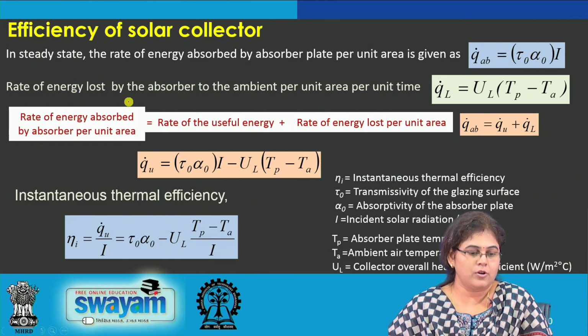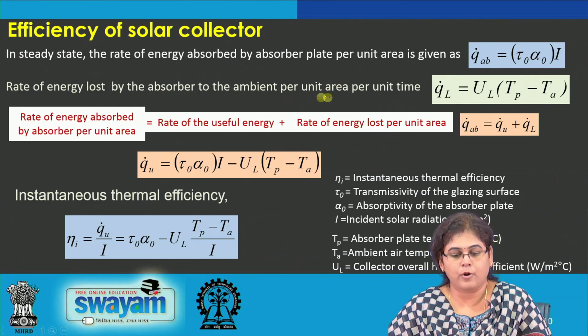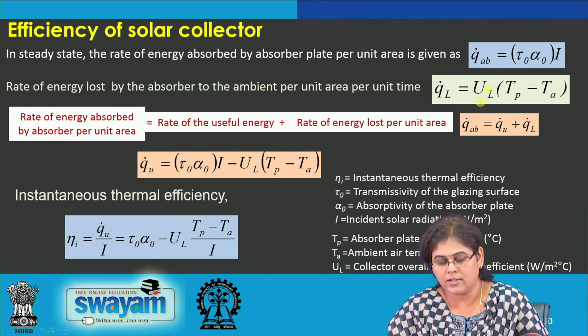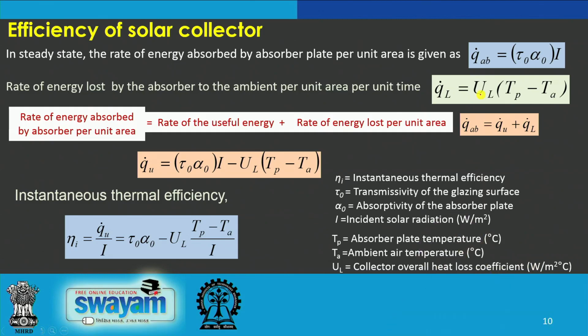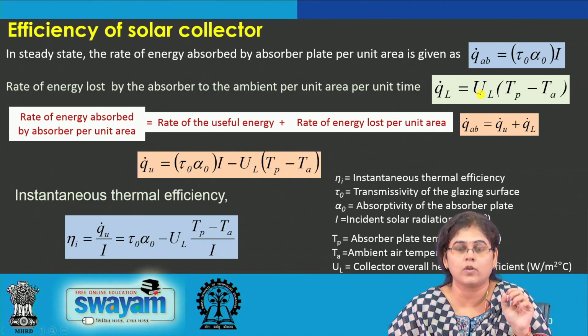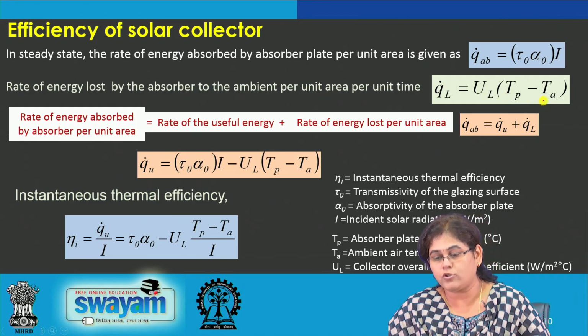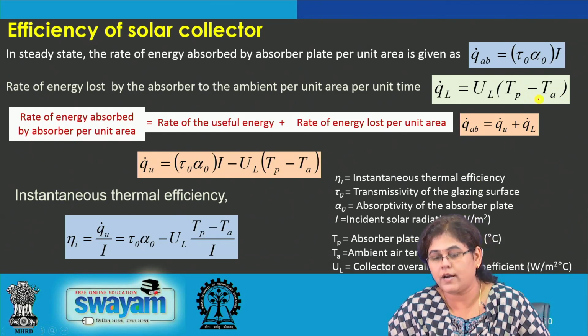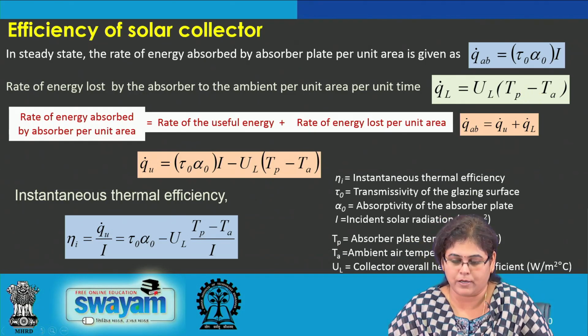The rate of energy lost by the absorber to the ambient per unit area per unit time can be designated as QL, which is UL into Tp minus Ta, where UL is the collector overall heat loss coefficient. As I mentioned previously, it is the sum of top loss coefficient, bottom loss coefficient and edge loss coefficient. Tp stands for the absorber plate temperature and Ta stands for the ambient air temperature.